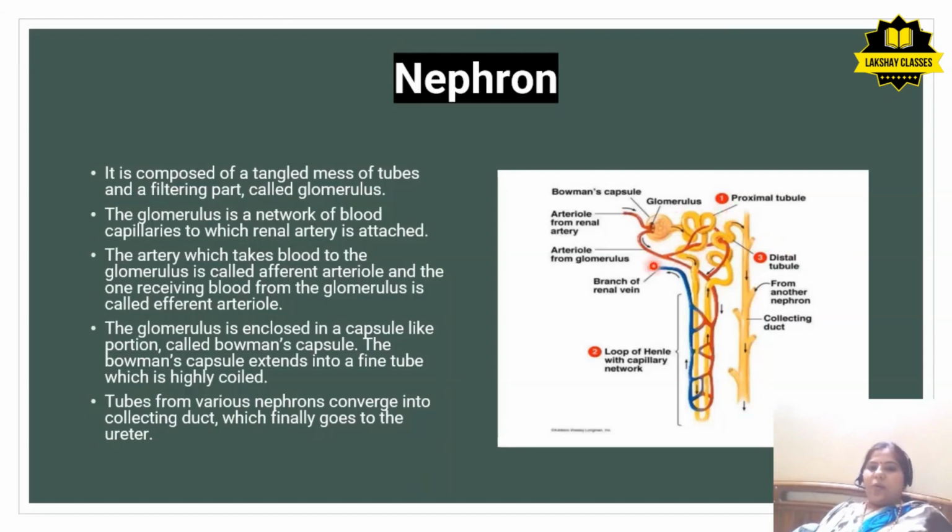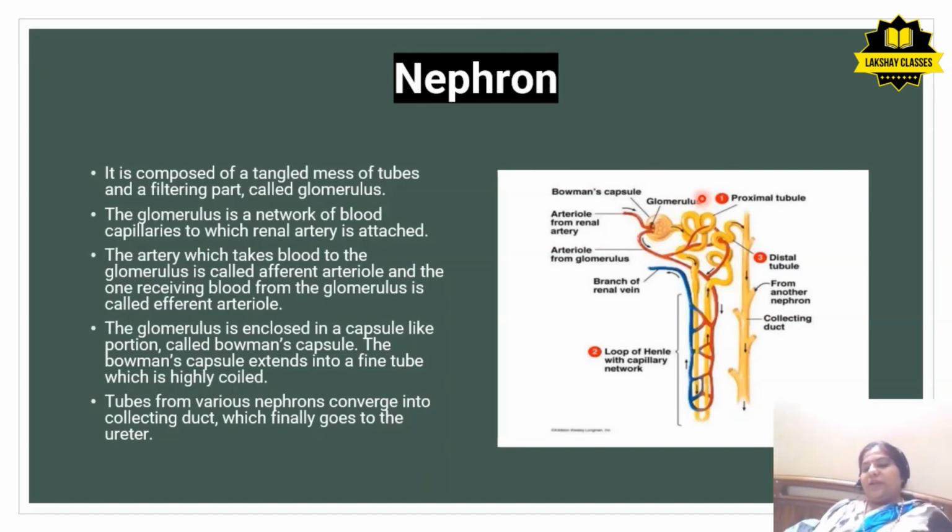This highly coiled tube is called the proximal tubule. Tubes from various nephrons converge into a collecting duct which finally goes to the ureter. So there is a three-step filtration. Number one is the filtration which takes place inside this Bowman's cup, and that process is called ultrafiltration.